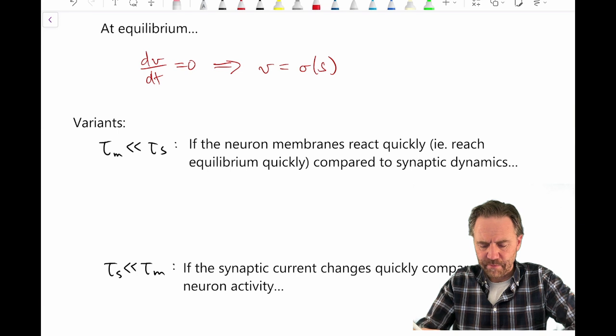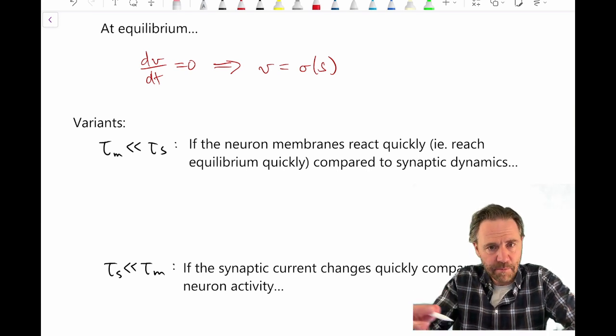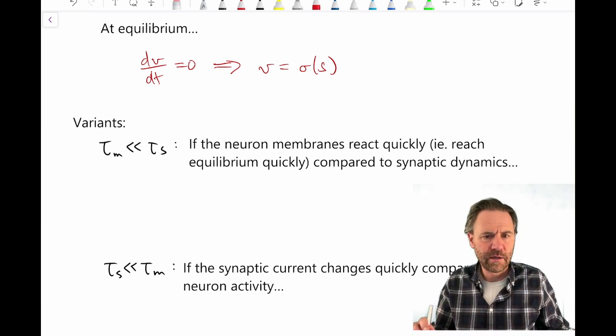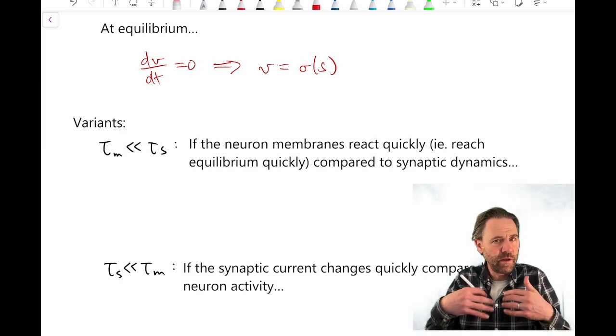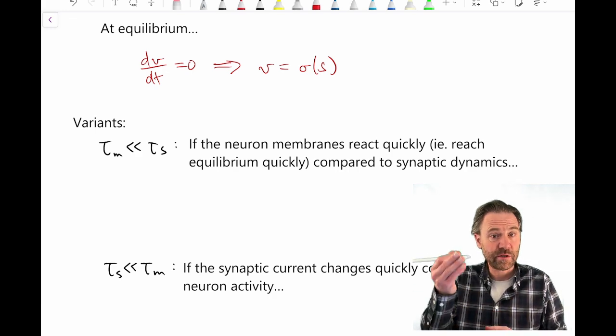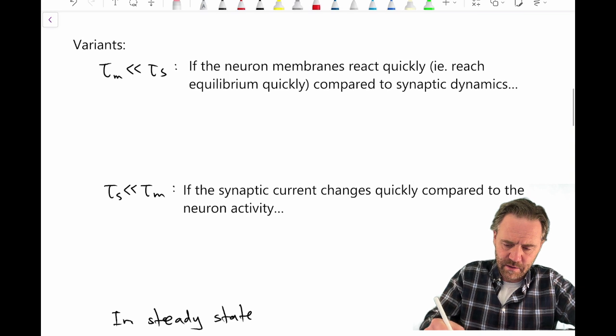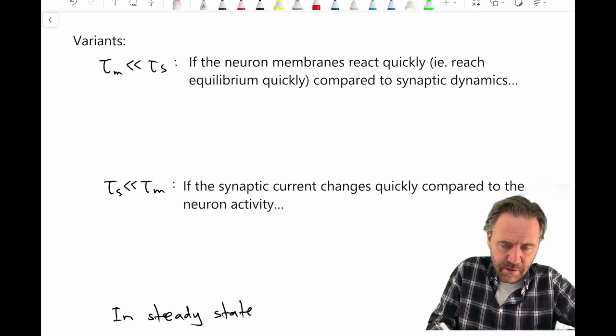In this case, the neuron membranes react quickly, i.e. V reaches equilibrium quickly compared to the synaptic dynamics. So it's a quite common approximation to assume that V reaches equilibrium immediately; compared to S, V will always be in equilibrium.